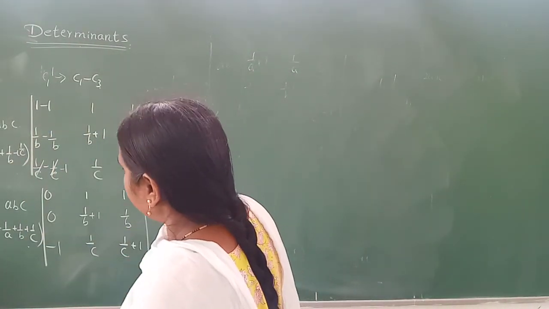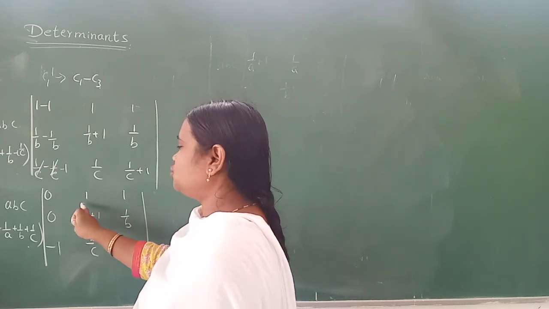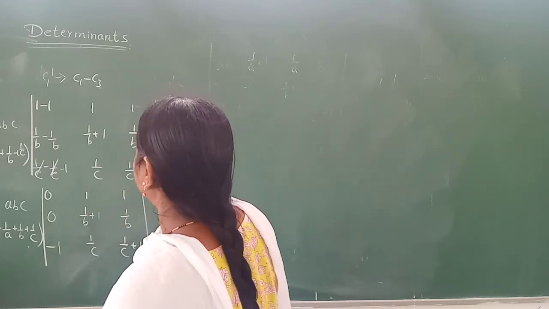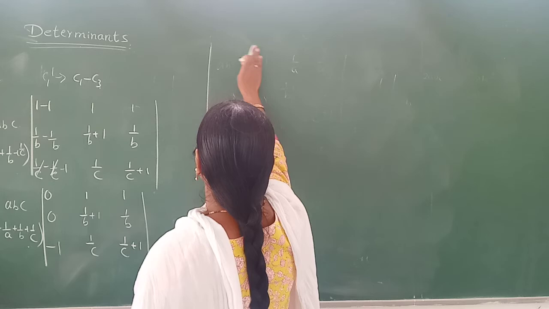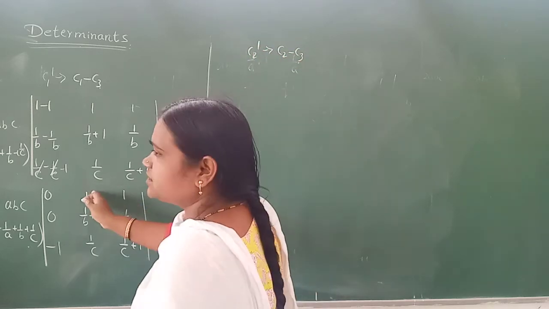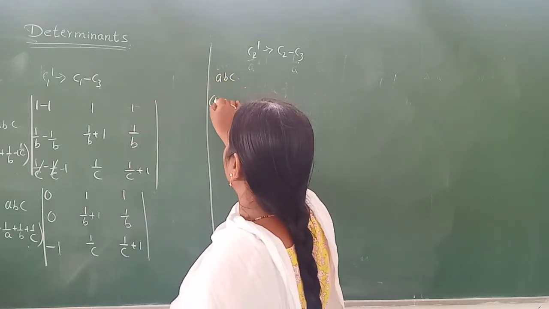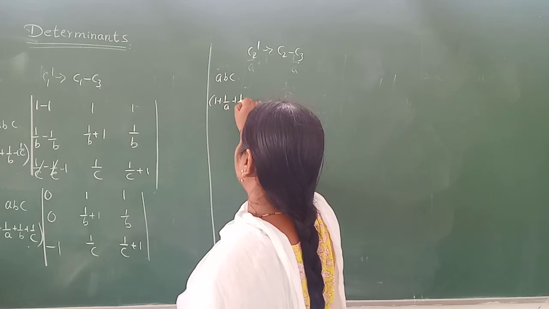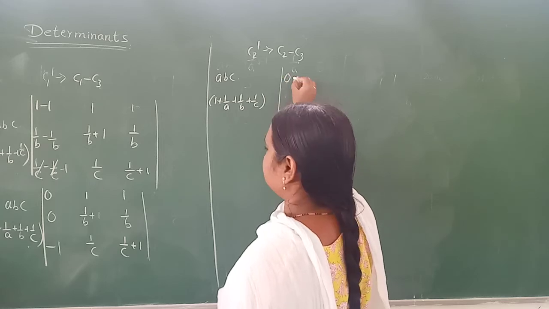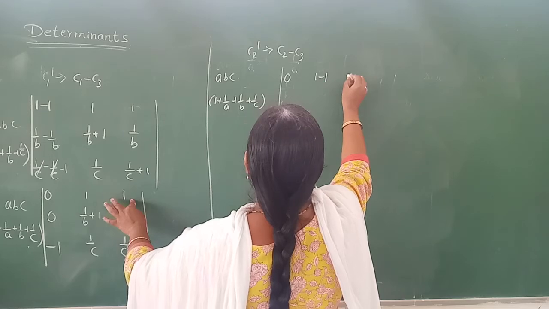See, again if you want you can apply C2 to C2 minus C3. We get 0 from 1 minus 1, and 1 as it is.